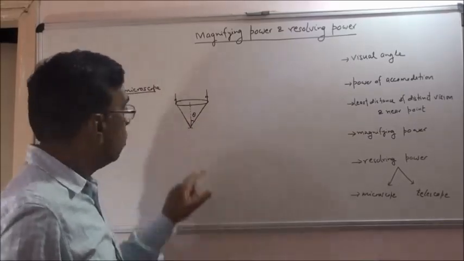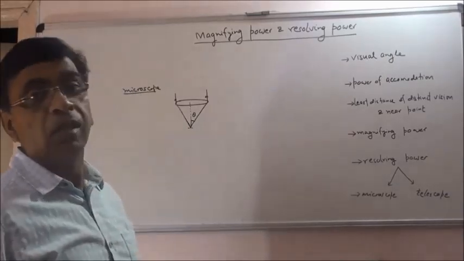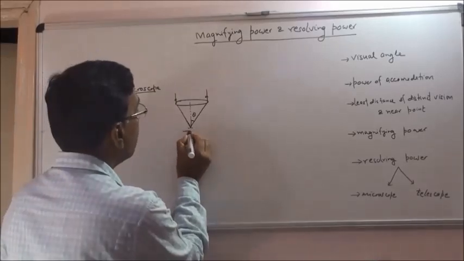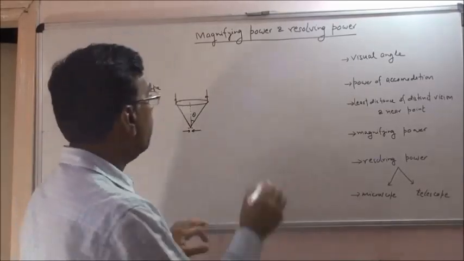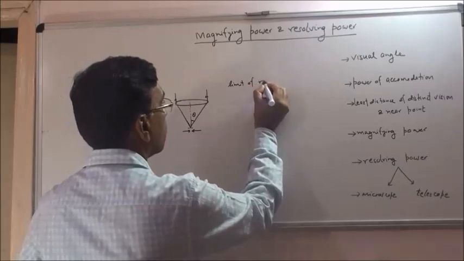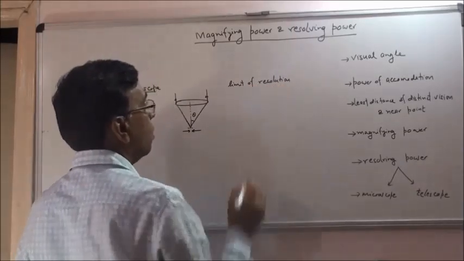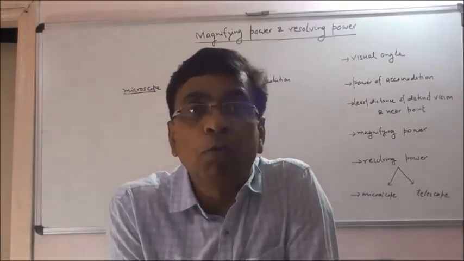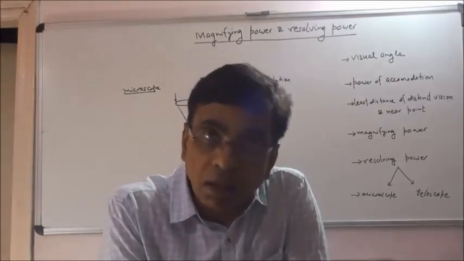If the two objects are visible distinctly using this microscope, then this distance we call the limit of resolution. The minimum distance between the two objects which are visible distinctly.